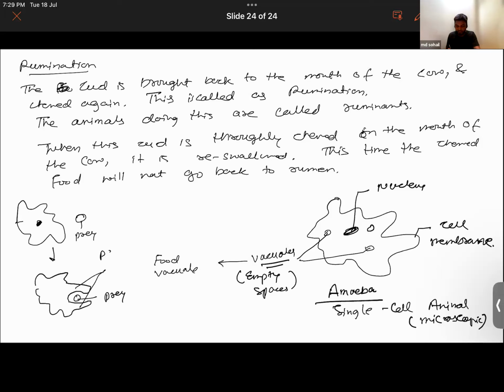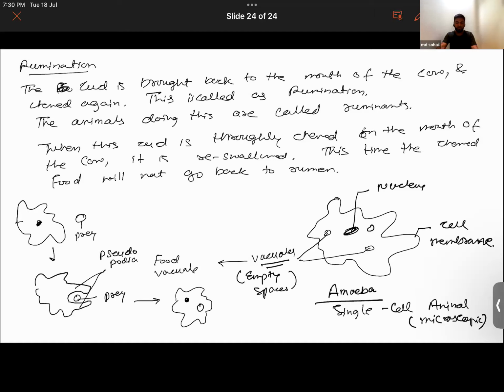Hence, we call them pseudo legs or pseudopodia. Whenever a prey is nearby, it will start developing false feet-like structures and cover the prey. Later, the prey will be brought inside the body of the amoeba. The prey is over here now. This is how amoeba obtains its food, guys.